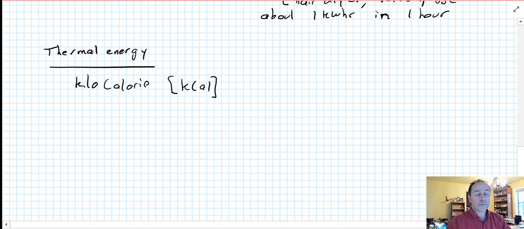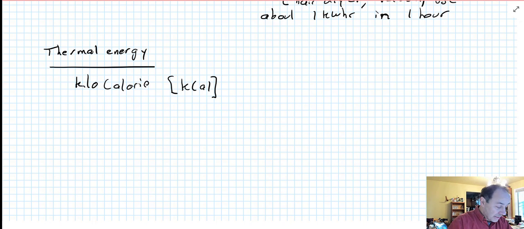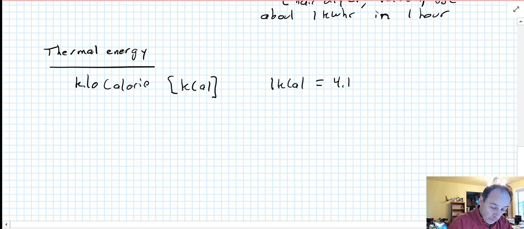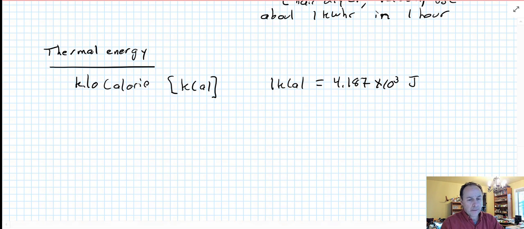When you see calories in terms of food, these are kilocalories. A calorie is actually a pretty small unit. 1 kcal equals 4.187 times 10 to the third joules. So a kilocalorie is the amount of energy it takes to raise 1 liter of water 1 degree Celsius. Right, so that's how that's measured.